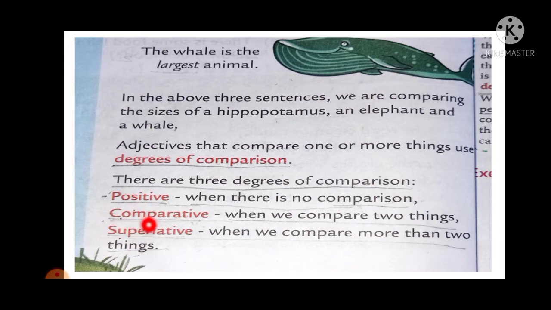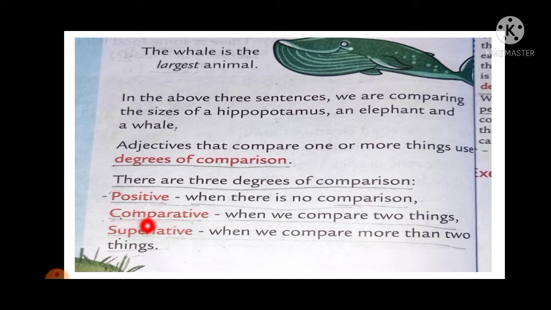The next one is comparative degree, when we compare two things. When we compare two things, at that time we use comparative degree. For example, here the elephant and the hippopotamus. So we compare the hippopotamus with the elephant. At that time we have used the comparative degree.